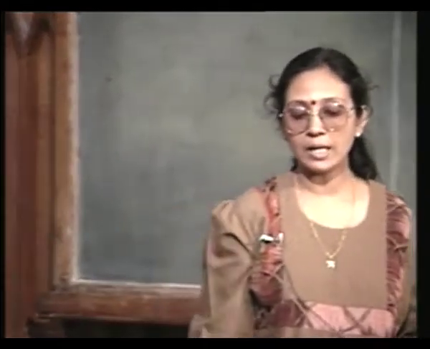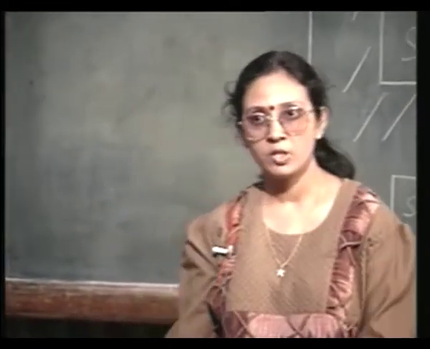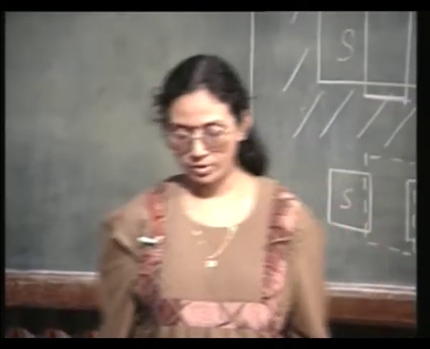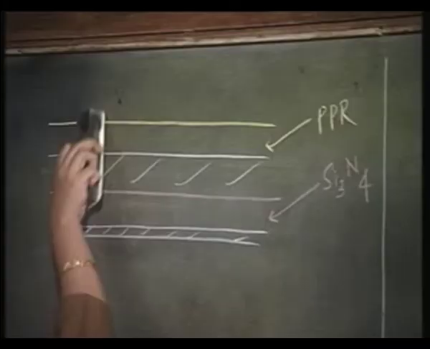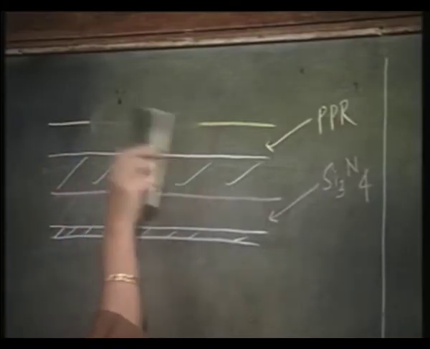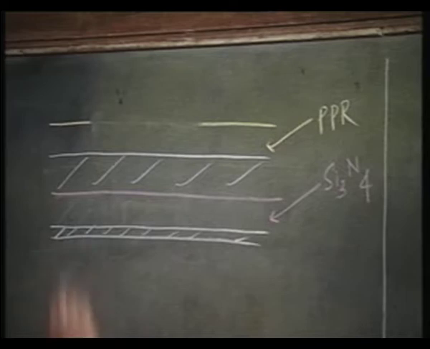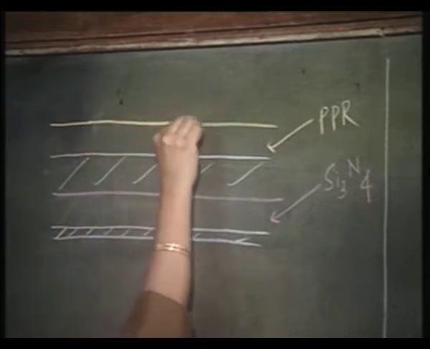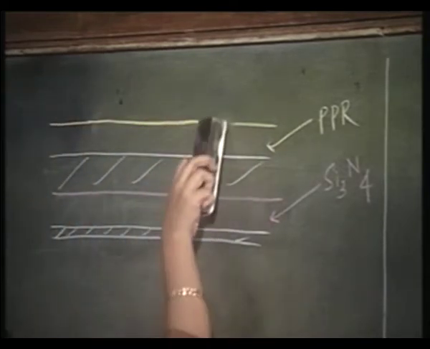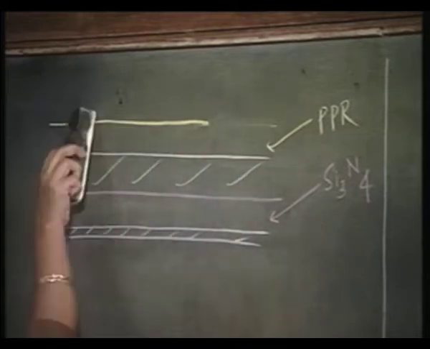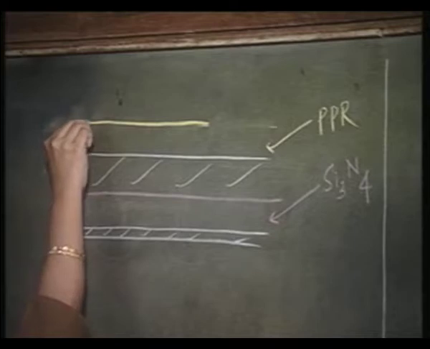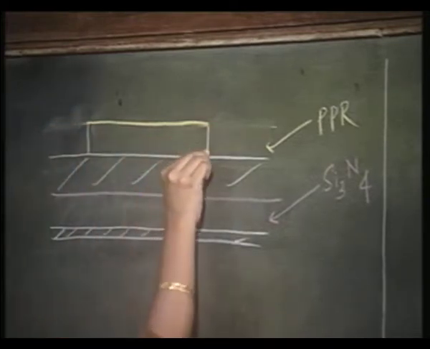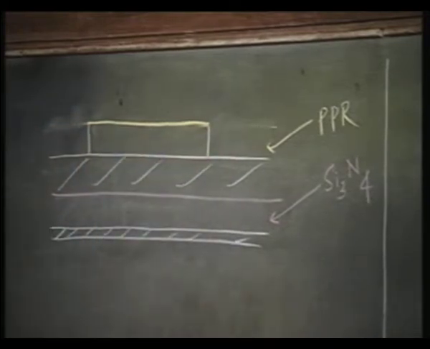Okay. Now, I will have to pattern it. So, I will pattern the positive photoresist first. I have removed positive photoresist from certain regions.